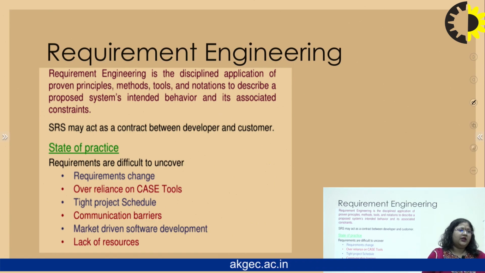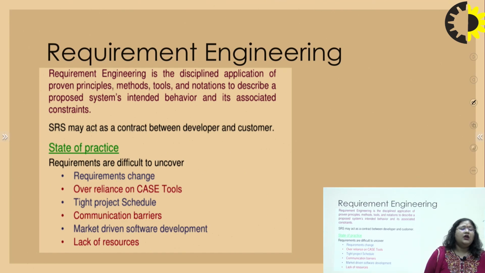and its associated constraints. Requirements are difficult to uncover, which is a very important thing, because from time to time the user changes their requirements. So behavior change is a very difficult thing. Tight project schedule: if the user gives a very tight schedule that we have to complete the project in a defined period of time, this is also very difficult.